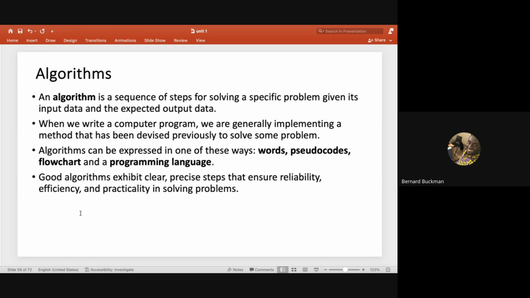So first and foremost, what is an algorithm? An algorithm is a non-ambiguous sequence of steps that are followed to solve a problem. For example, we want to get the names of all the students who are in the BSc math class.